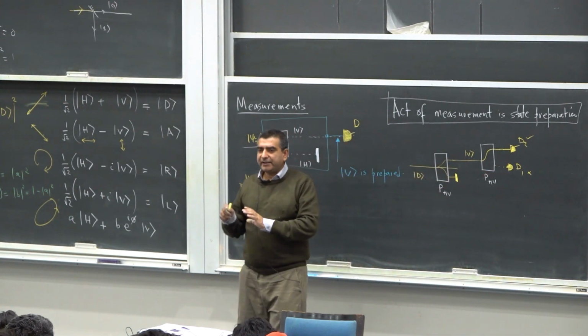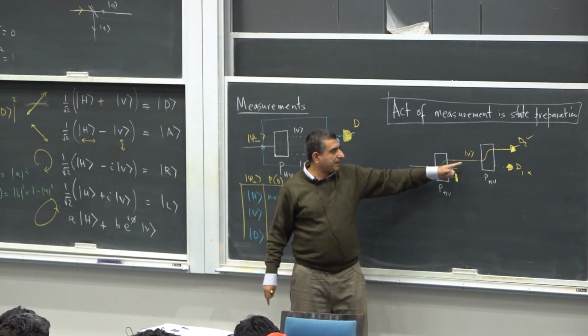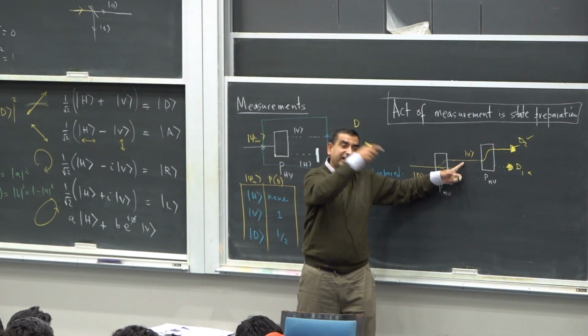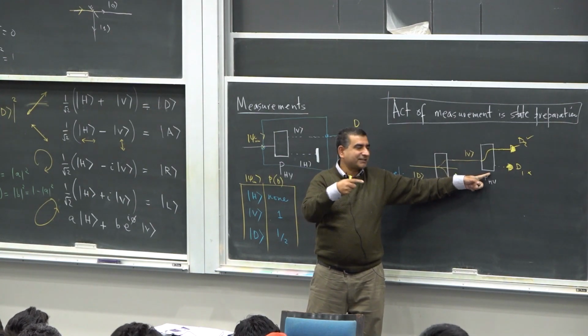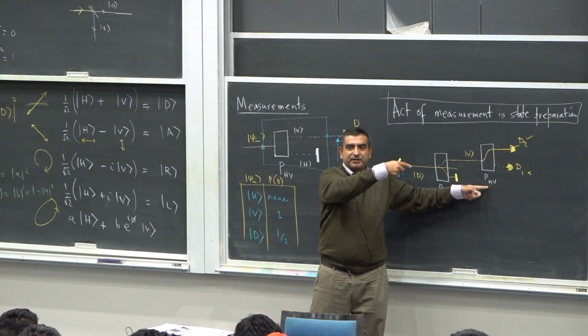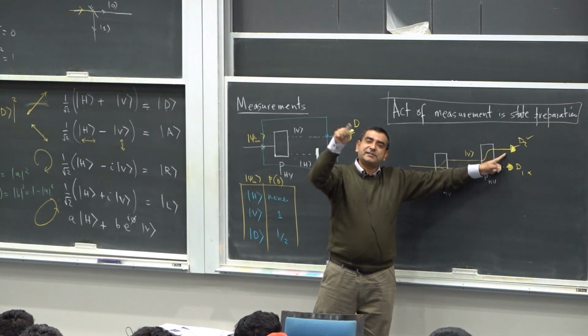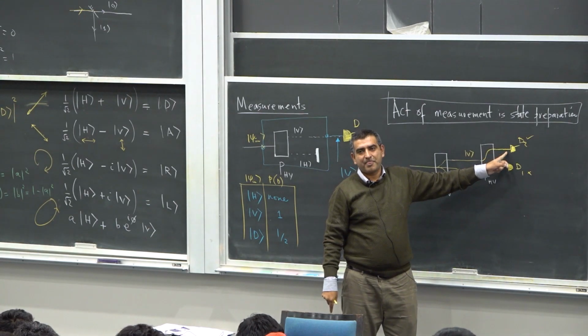So now what you've done is you have two polarizing beam splitters back to back. You prepare a new quantum state and you can verify that you have prepared this very quantum state by juxtaposing another polarizing beam splitter after this quantum state has been prepared, and with 100% probability this detector is going to click.